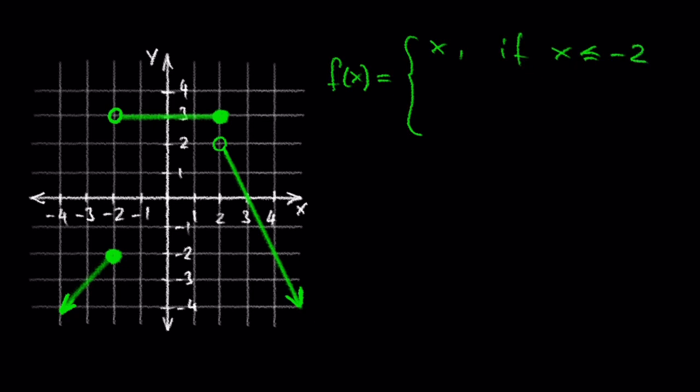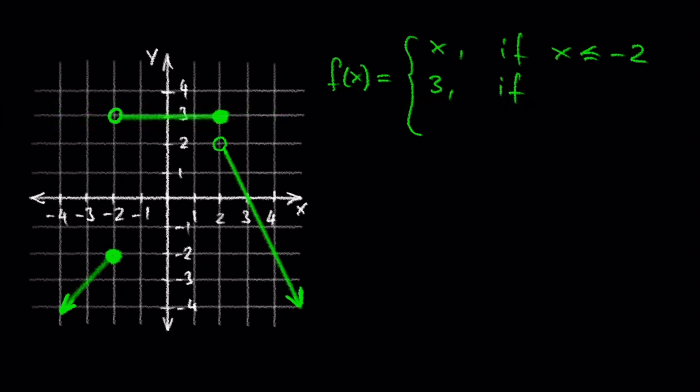Let's look at the second piece of our function, f of x. This is simple. This is just a part of the constant function 3. So we can write a 3 here. If we would graph the constant function 3 without restrictions, it would look like this.